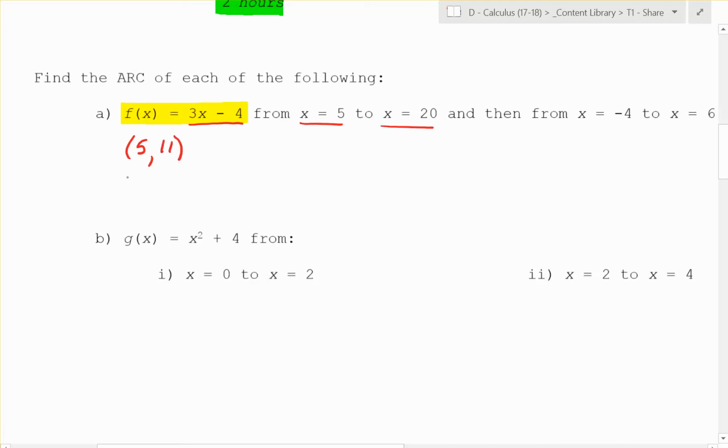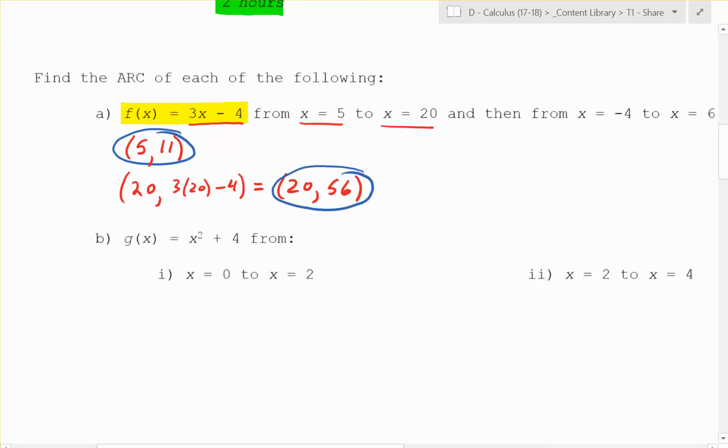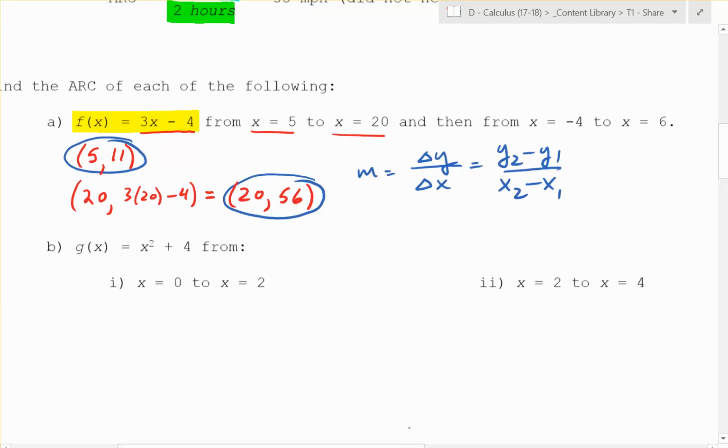And you have the second point, which is going to be 20, comma. We'll plug 20 in here. You get 3 times 20 minus 4. That's 60 minus 4, which is 56. So we have 2 points: the point when x equals 5, which is 5, 11, and the point when x equals 20, which is 20, 56. And you'll probably remember that finding the slope is finding delta y over delta x, which is y2 minus y1 over x2 minus x1.